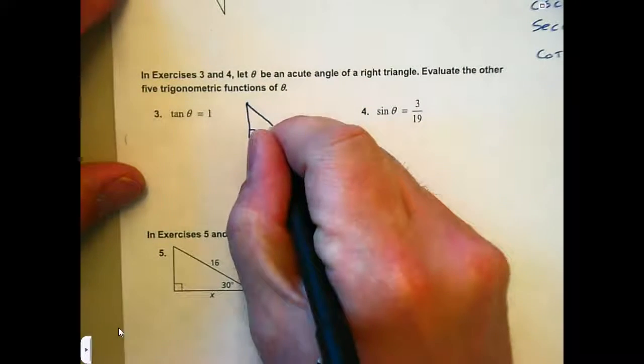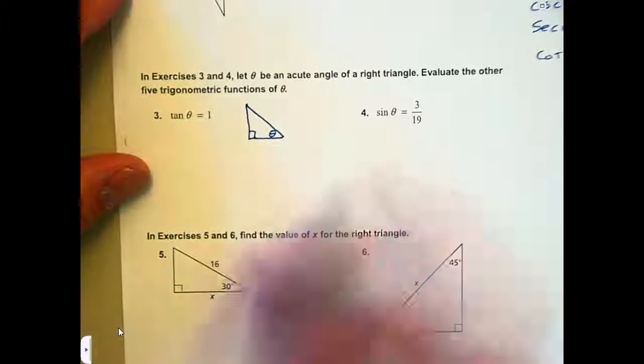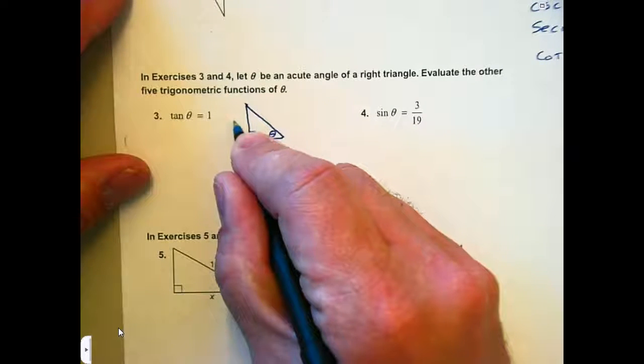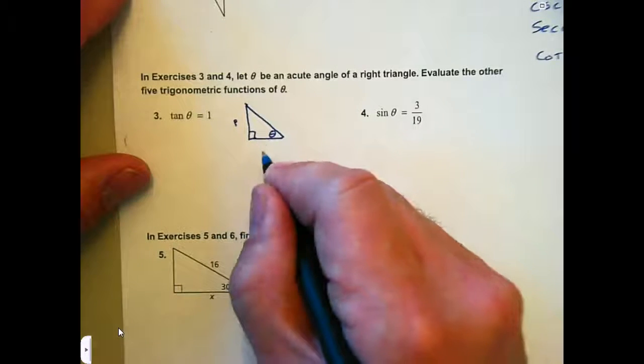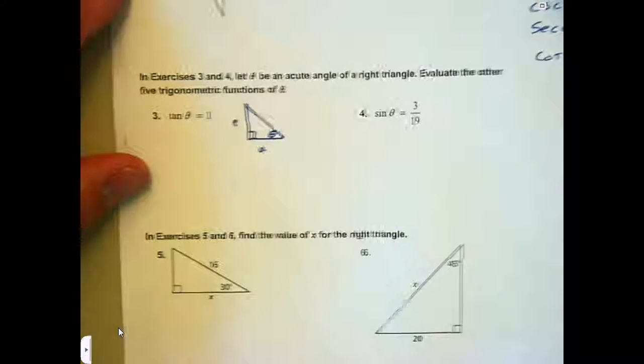So theta is an acute angle of our triangle. And we know tangent is equal to 1, which means the side opposite of theta, I'm going to use P for opposite because O looks like a 0, divided by the side adjacent to theta is 1.